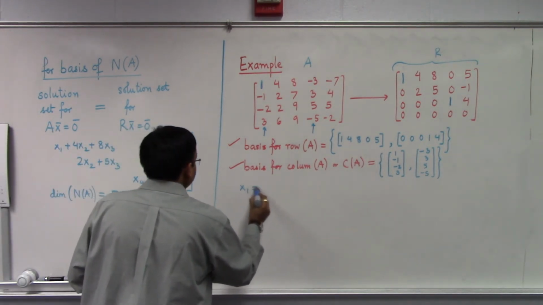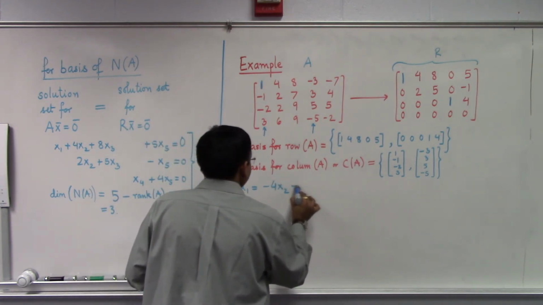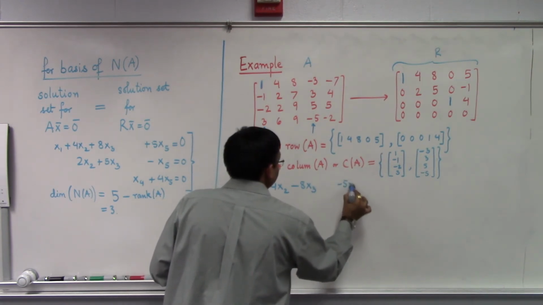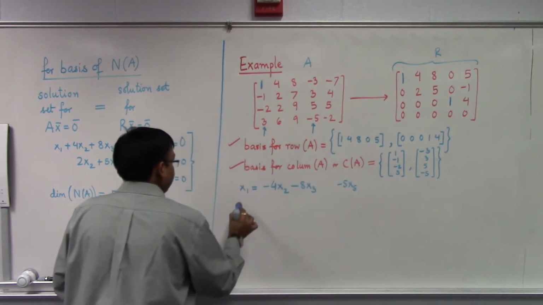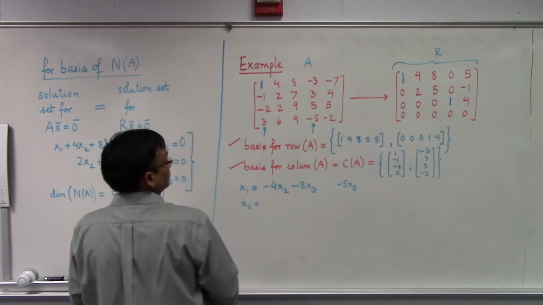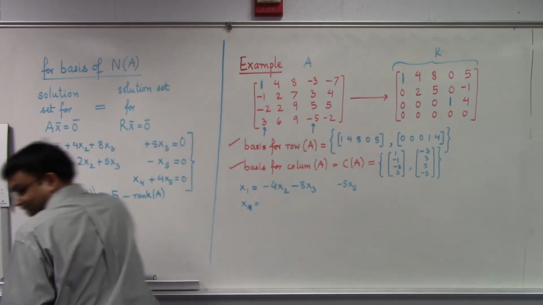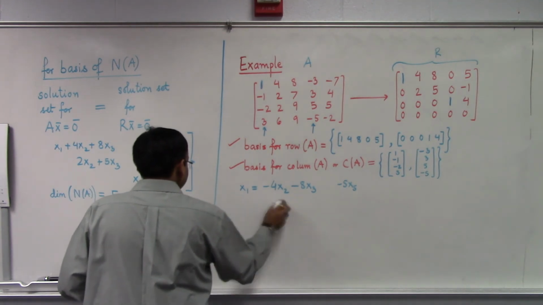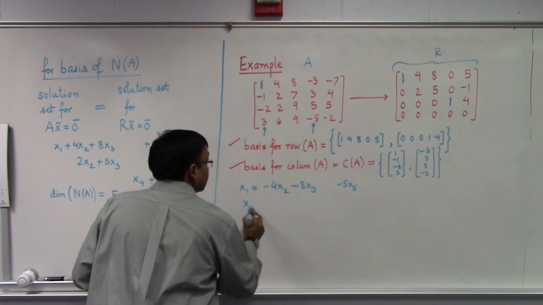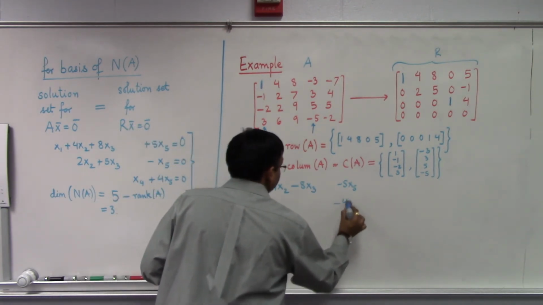So x1 would be minus 4x2 minus 8x3 and minus 5x5. And x4 would be minus 4x5.